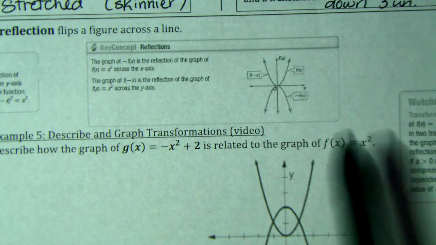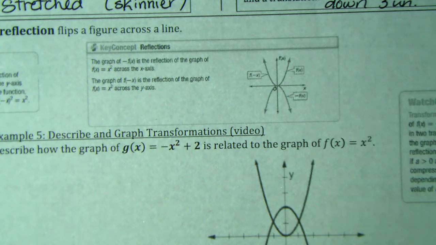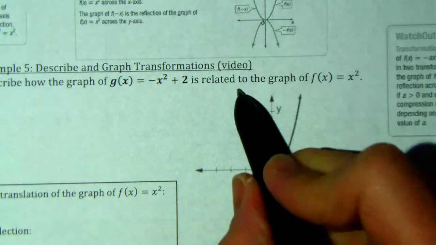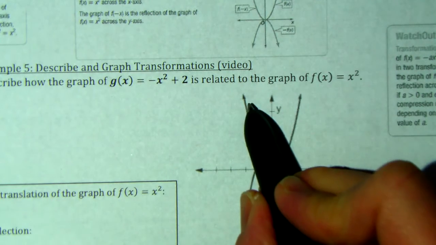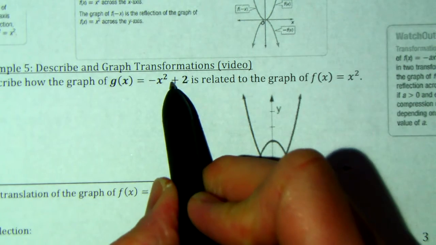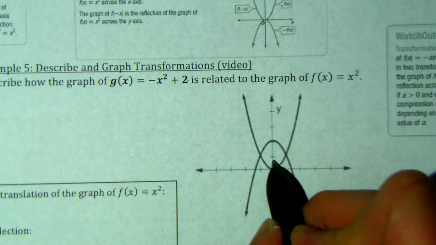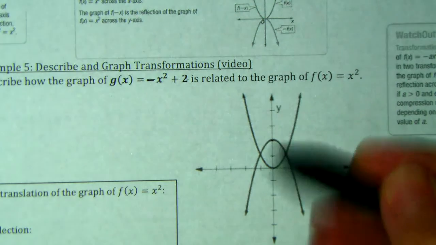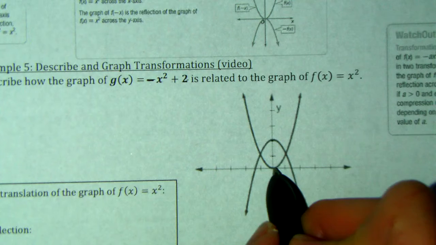Okay? So here's the original parent function, x squared, right here. So what happens to the +2? It moves it up 2, but then when A is negative, it flips it. But see how your vertex still goes up 2? Now we flip it and it opens downward.